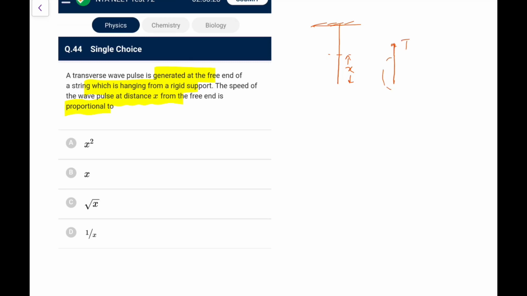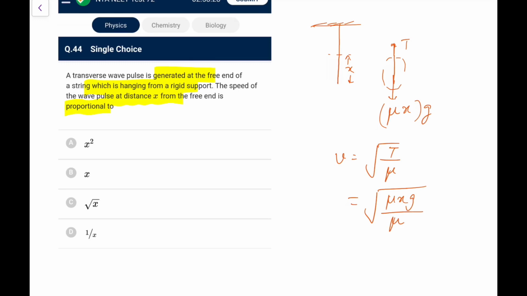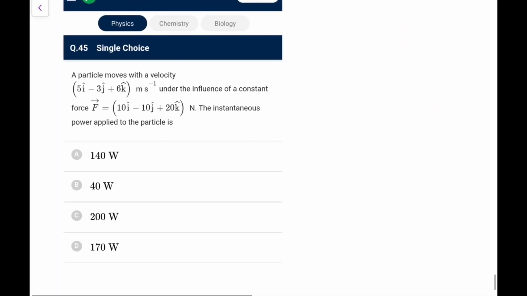So we say the tension supports this x length, so that would be equal to whatever be the mass density, let's say mu into x into g, that is what the tension will be. And we know velocity is root T by mu, so T is mu x g upon mu, so it is proportional to root x. You can make it out. So as it goes up, tension increases, the speed increases, and it would be root x like that.